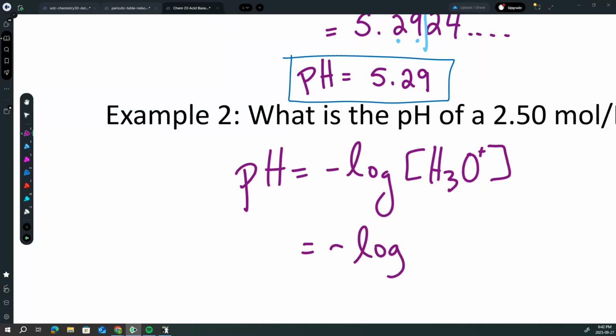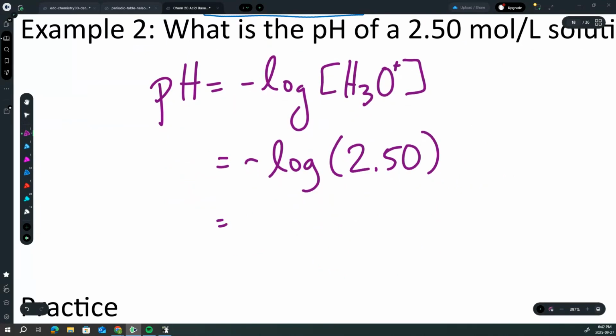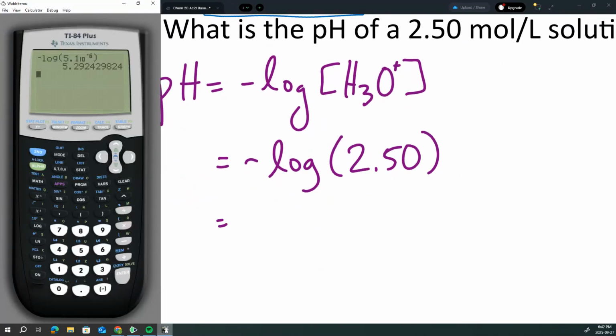Plug in your number, 2.50. And then we're going to put this in our calculator. So negative log 2.50, close the bracket, there we go.